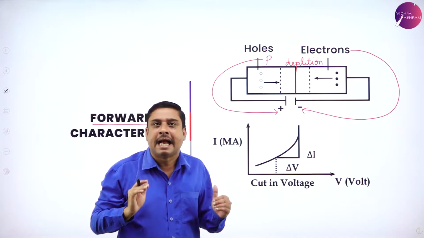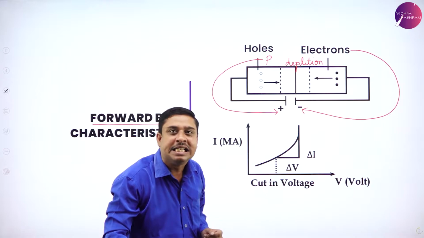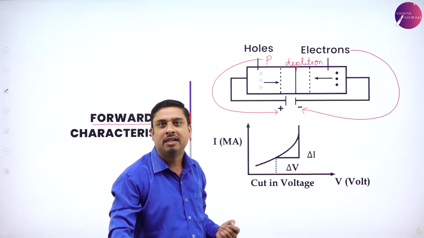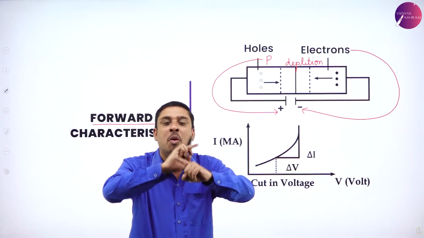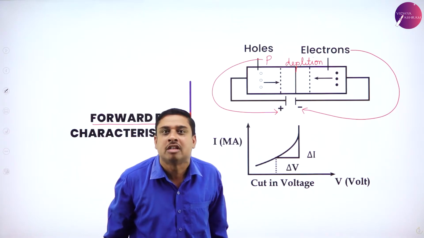Until and unless the depletion region is strong, there is no movement of holes and electrons.